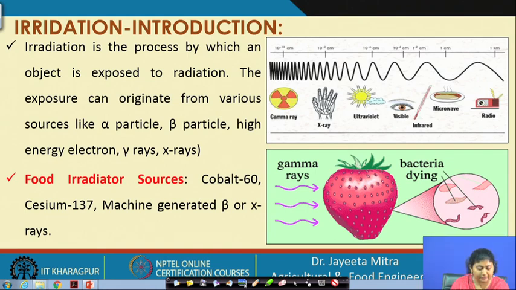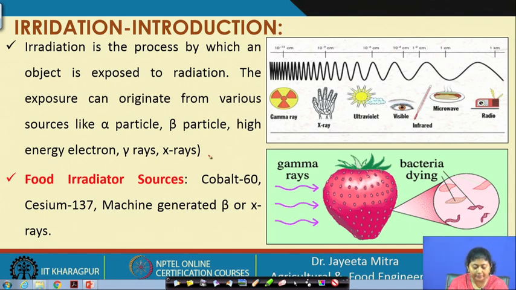So, the exposure can originate from various sources like alpha particles, beta particles, high energy electrons, gamma rays, X-rays, etc. And these rays, X-ray, gamma ray, have the capability of ionizing the material, okay, ionizing the gas. When they ionize, that means they remove the electron from the atom, okay.